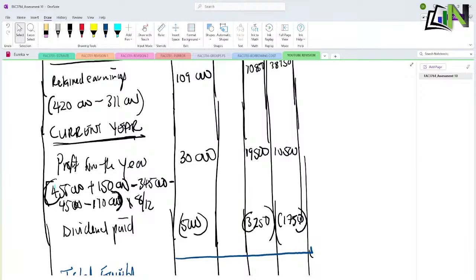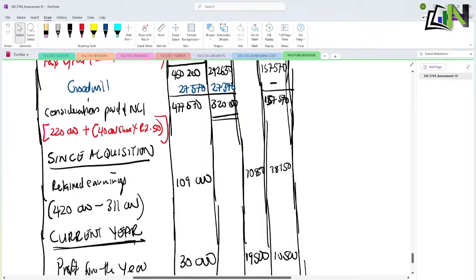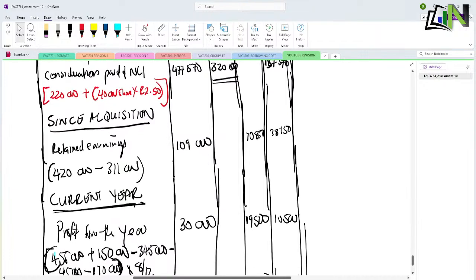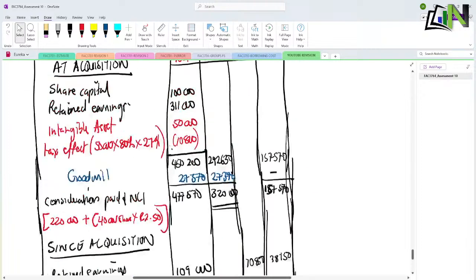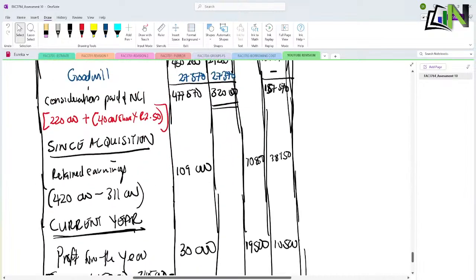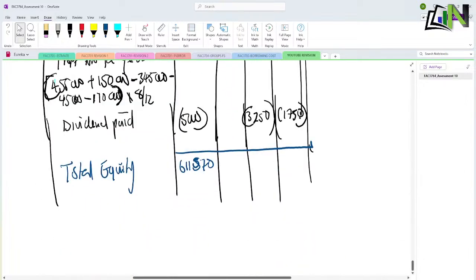I hope I've not left something out. All right, so what I'm getting here is 611,570. That's what I'm getting. And then on my other side, 320.